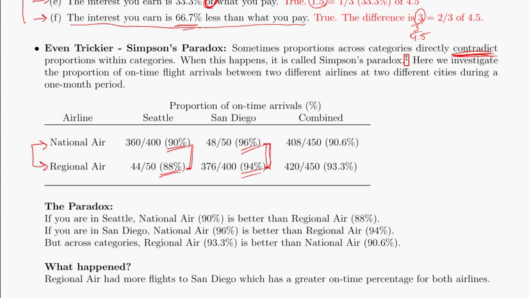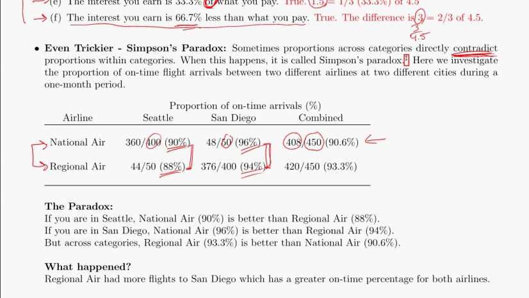But if you look at the combined proportions for the two cities combined, for National Air, we have 360 plus 48, so we have 408 on time out of 400 plus 50, 450 total flights. So the on-time arrival combined for National Air is 90.6.